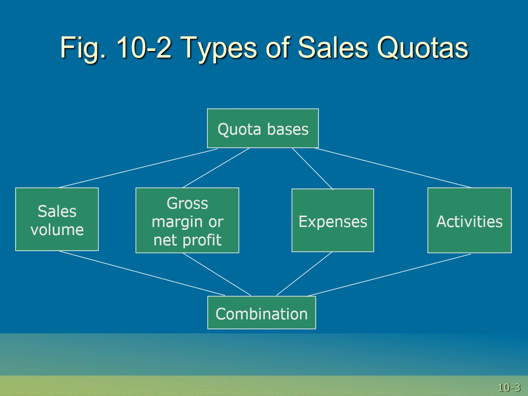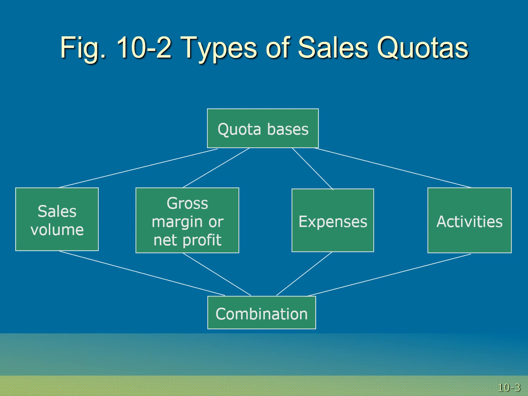So what are your quotas based upon? There are different types of sales quotas. The basis of your sales quotas could be the sales volume. That's the most often used one.